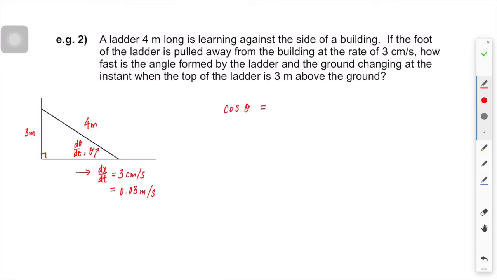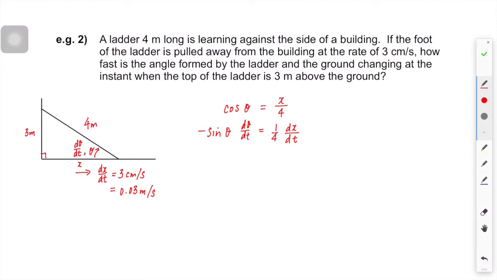So let's write this out. Cos theta is the x direction over hypotenuse, which means when I differentiate this, I get negative sine theta d theta by dt equals 1 over 4 dx by dt.